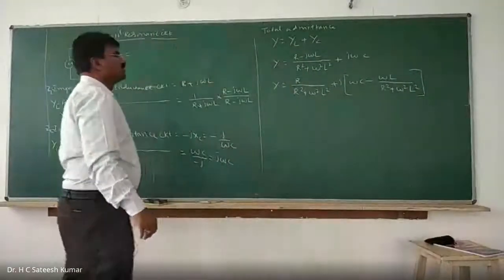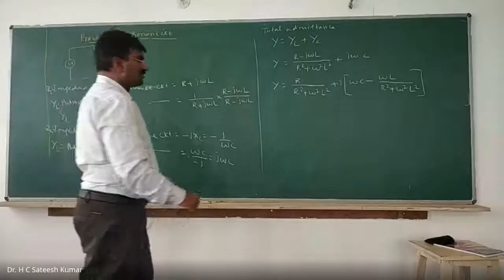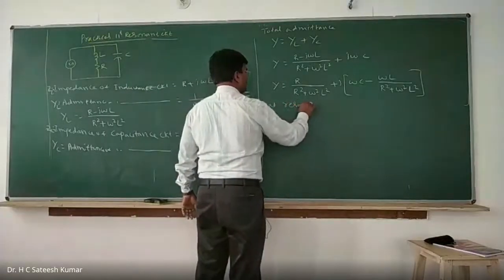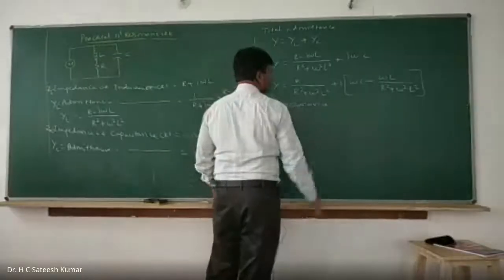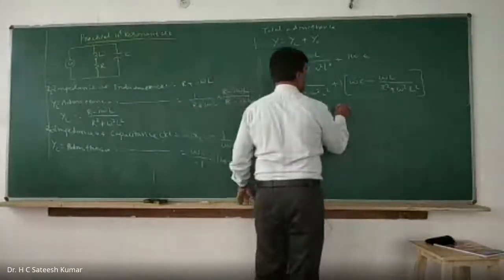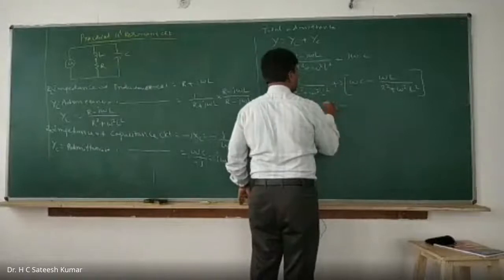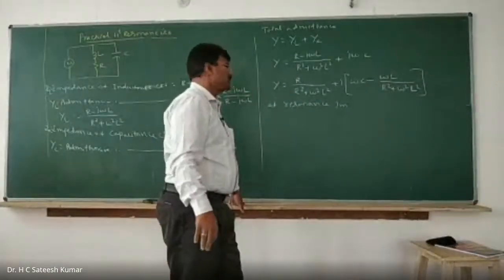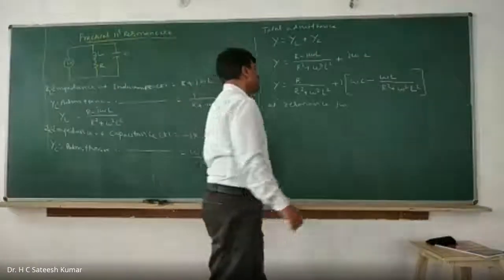Now, at resonance, the condition remains the same. At resonance, the imaginary part is equal to 0 because the circuit behaves like a resistive circuit; in terms of admittance, it is conductive.